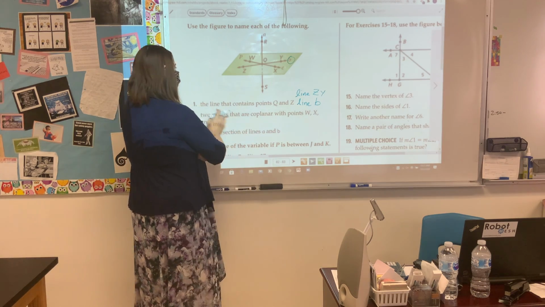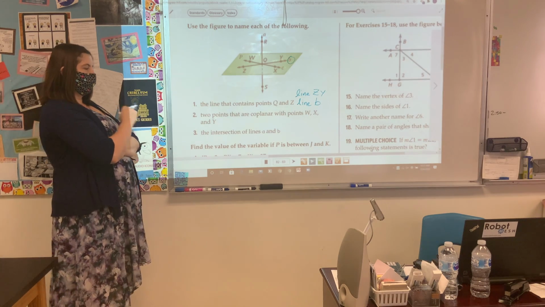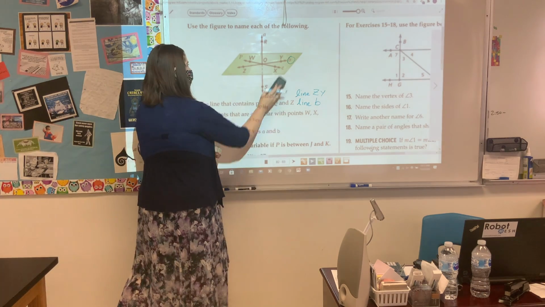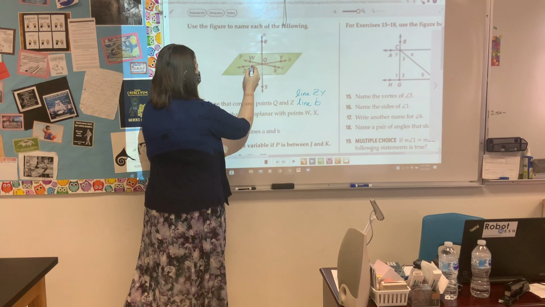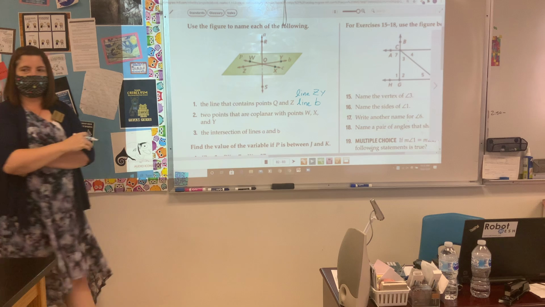How about 2 points that are coplanar with W, X, and Y? Well, I have to find W, X, Y. What are 2 points that are coplanar with that?